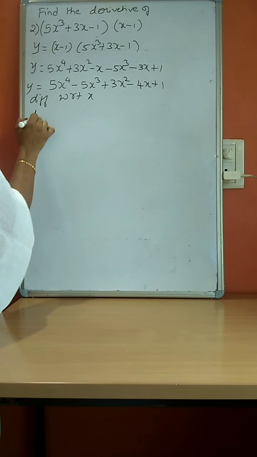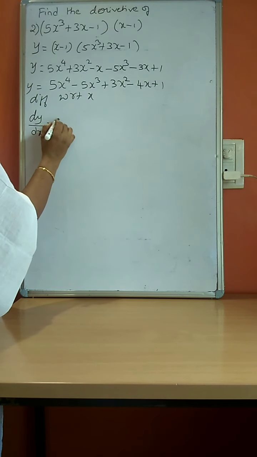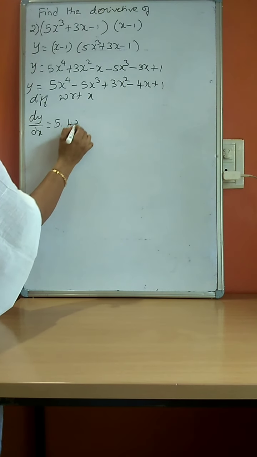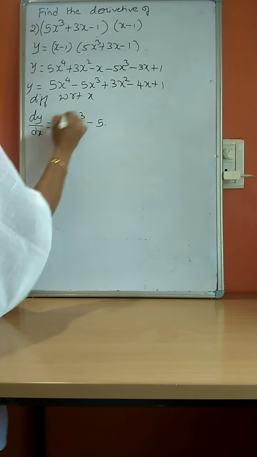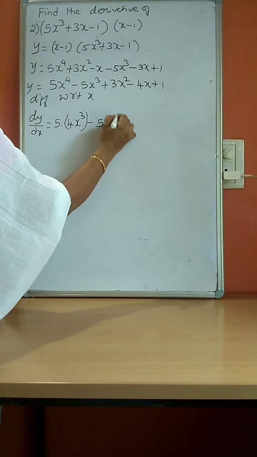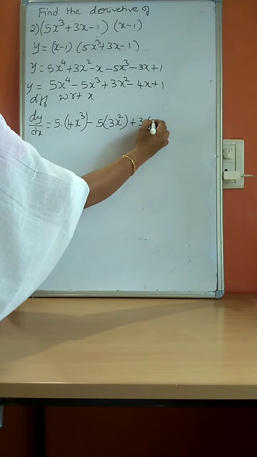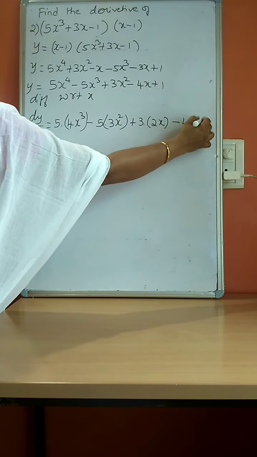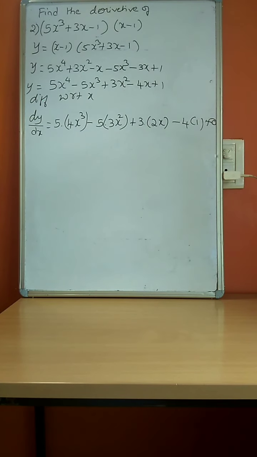Go for differentiation. dy by dx is equal to, see, 5 is the constant. Differentiation of x to the power of 4 is 4 into x cube, minus 5 into the differentiation of x cube, 3 into x square, plus 3 into the differentiation of x square, 2x, minus differentiation of x is 1, plus differentiation of a constant is 0.